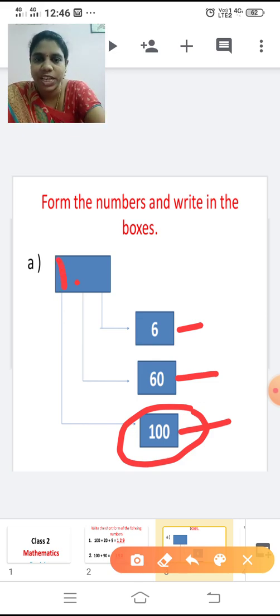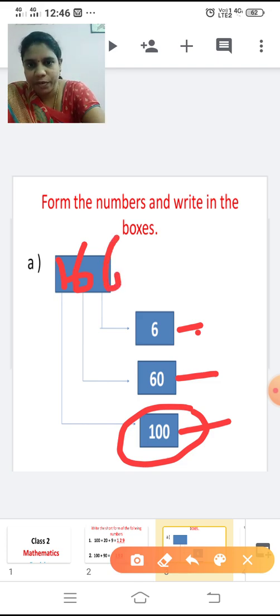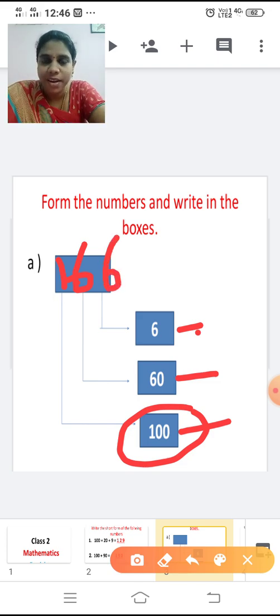Very good. What is the face value of 60? It is in which place? Tens place. So face value is 6. So write 6 in the box. And then what is the face value of 6? Yes, 6. So the number formed is 166.